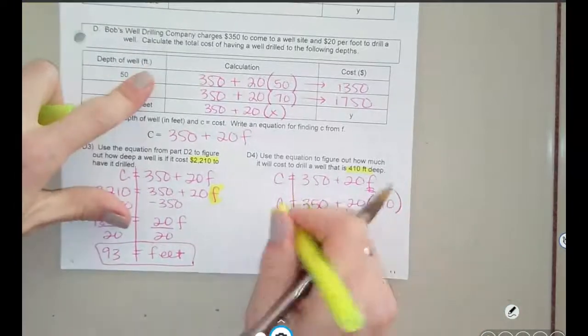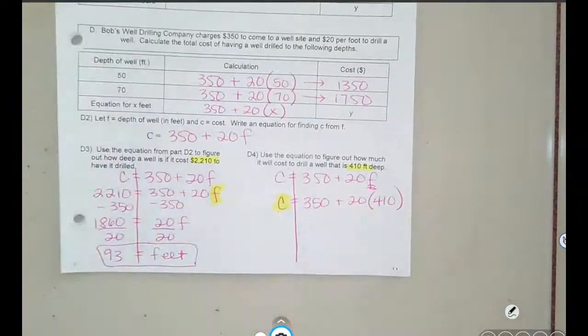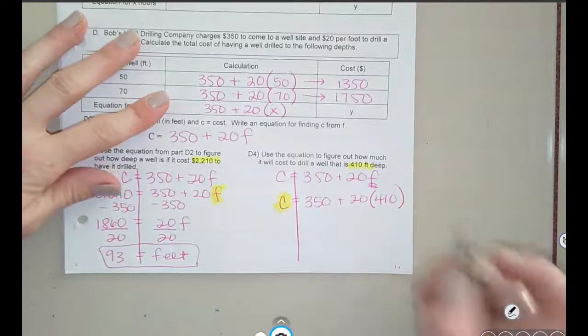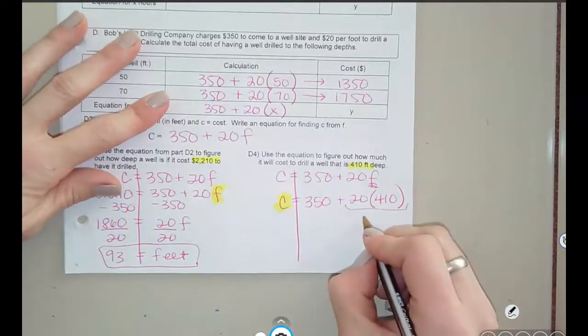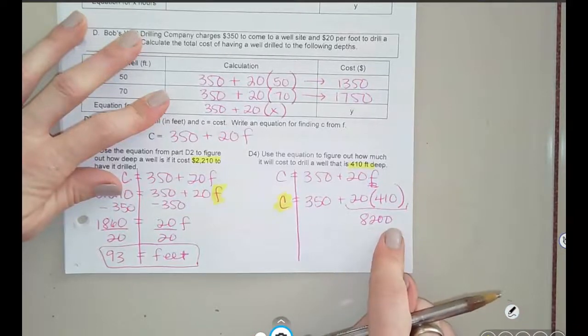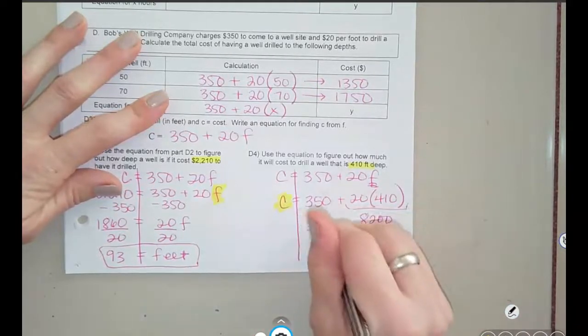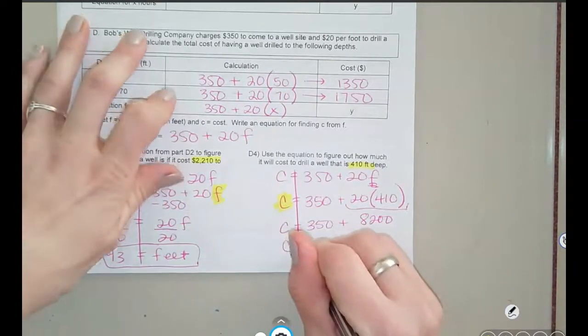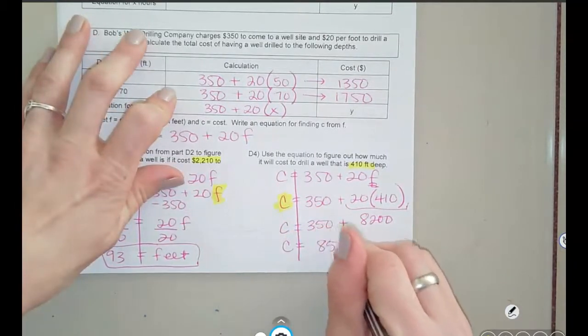And now when I find my variable, it's already by itself. So all I have to do is work this out, right, and get the answer. So multiply first. When I type this in, I get 8,200. Add the 350, and I get that the cost would be 8,550.